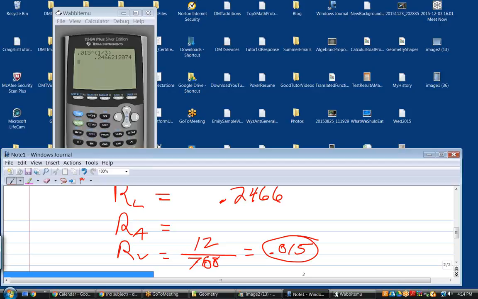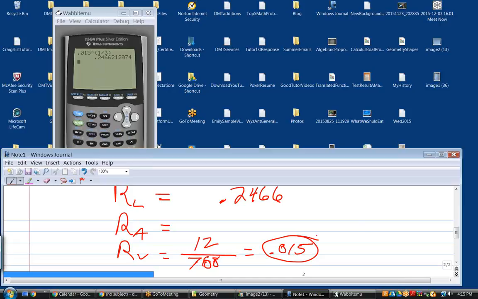When you square numbers less than 1, they get smaller. In other words, if you square 1/2, it becomes 1/4. But if you take the square root of 1/4, it becomes 1/2. It's a bit counterintuitive, and you have to deal with it. That's the way math is. But it's a little tough.